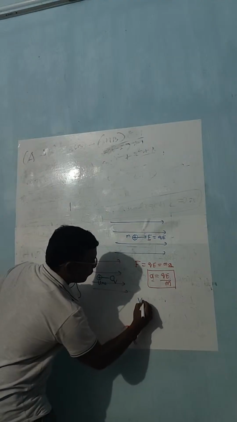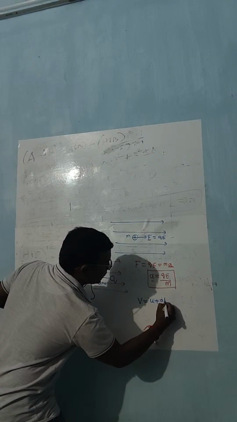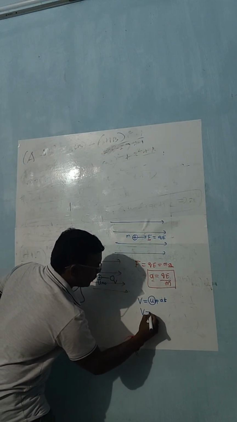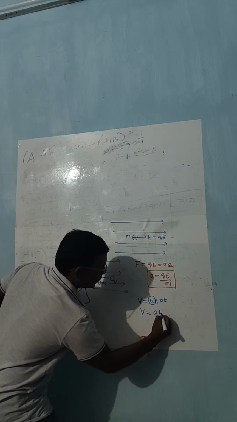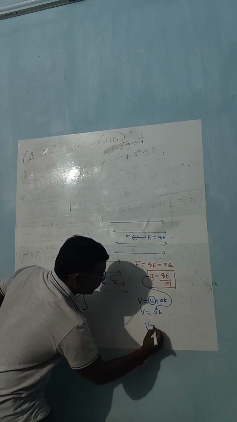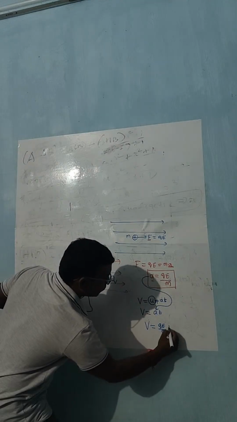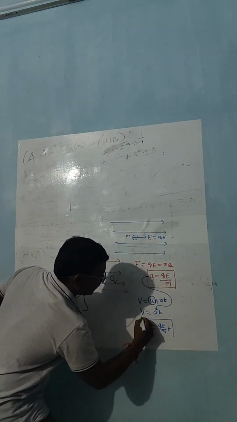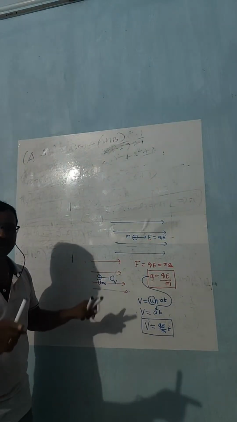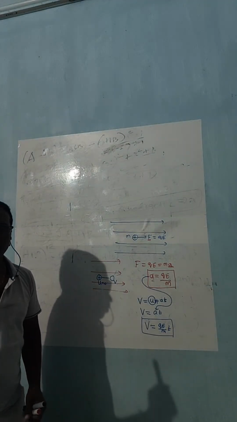From v equals u plus at, the initial velocity is 0, so the final velocity v equals at. Substituting a, the final velocity v equals QE by m into t. This is the final velocity when a charge is placed in a uniform electric field. I hope it is clear.